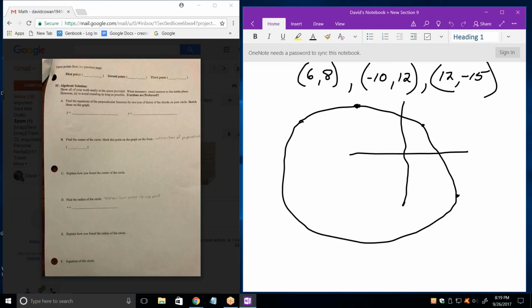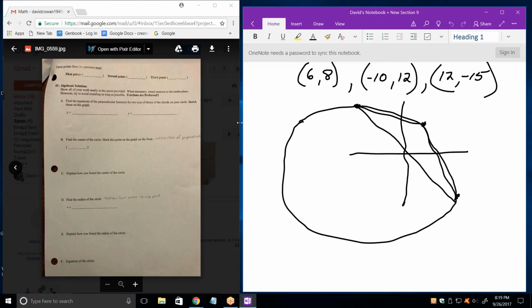And the chords are that chord, that chord, and that one. So a triangle, basically.